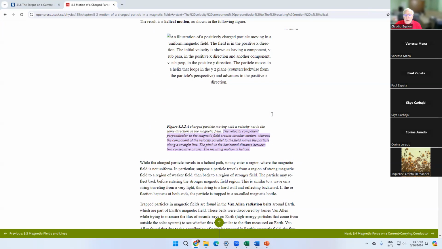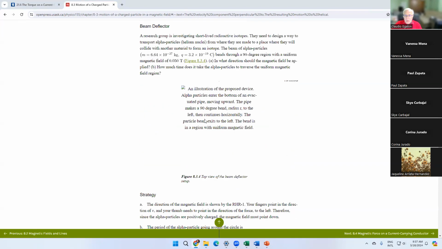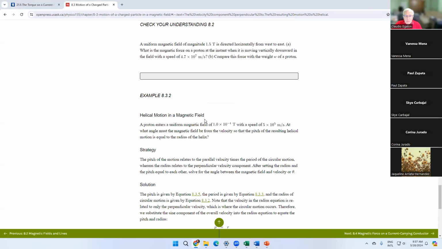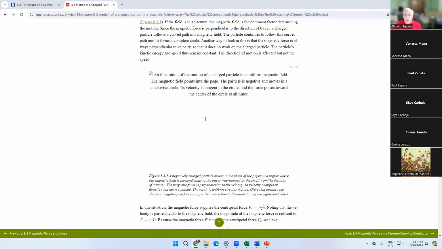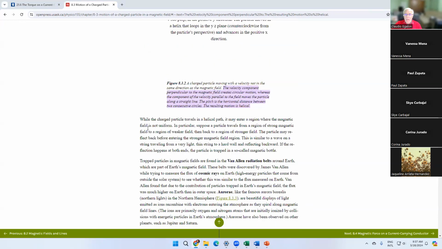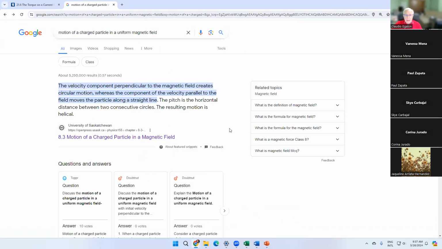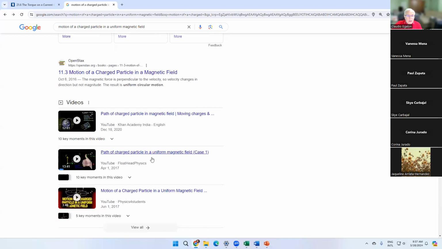It's not showing any of the illustrations here. What a shame. Let's go back here. Let's see if this one has a magnetic field.